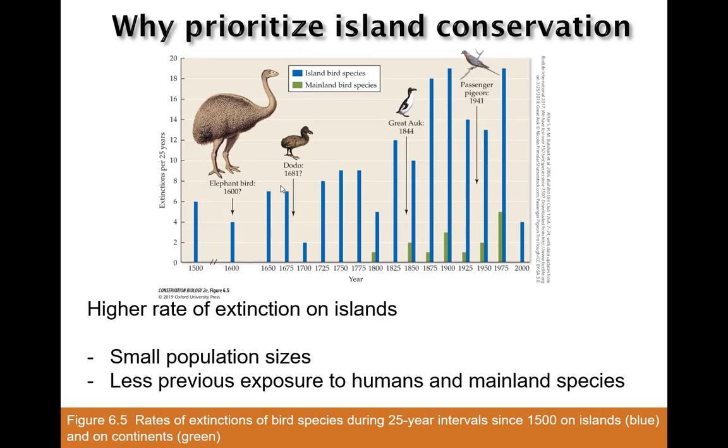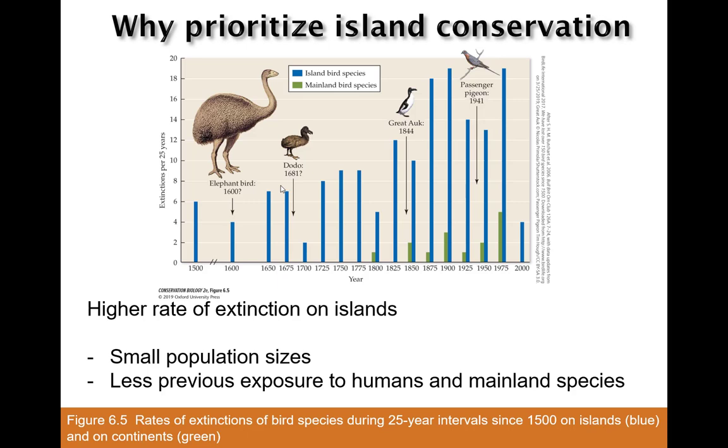So when we talk about extinctions, oftentimes we prioritize island populations and island conservation in general more than others, and that's because we tend to have a higher rate of extinction there on islands. And it's because on islands we usually have small population sizes and less previous exposure to either humans, other mainland species, or both.